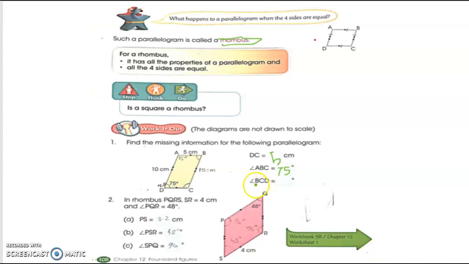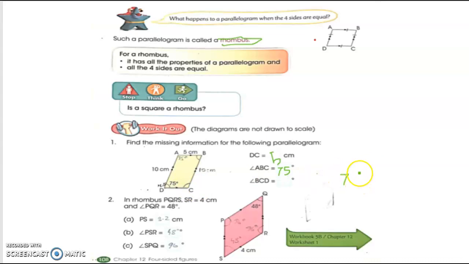Right, now angle BCD. What about BCD? So this BCD and ADC, that means the 75 and this angle C, when you sum up, it will be equal to 180, right?